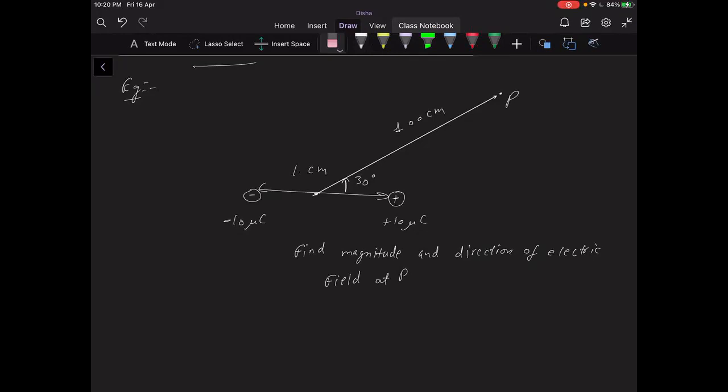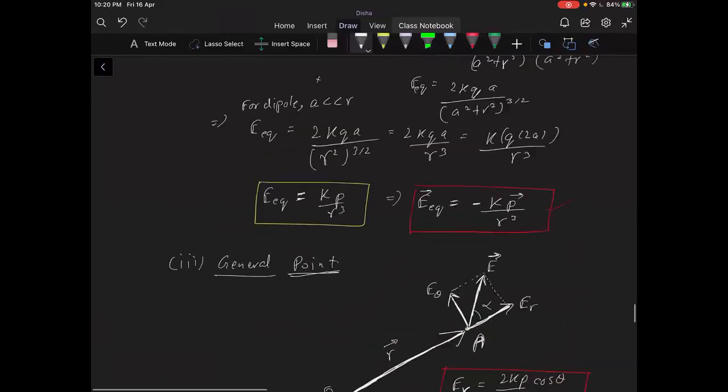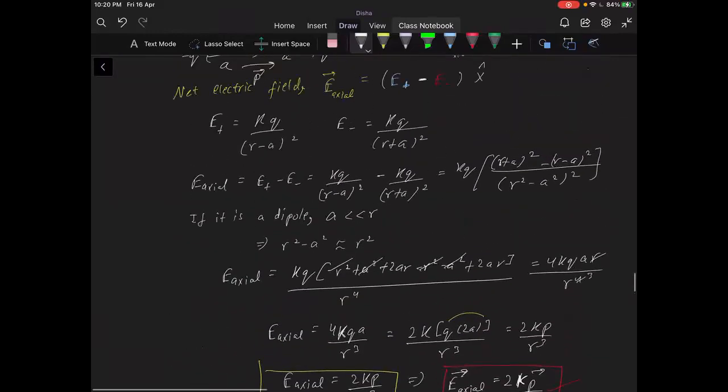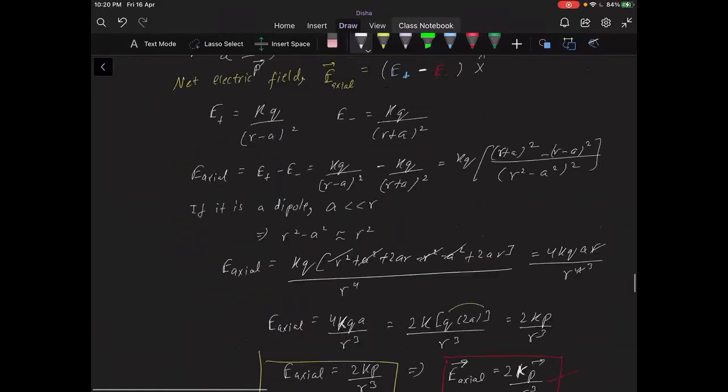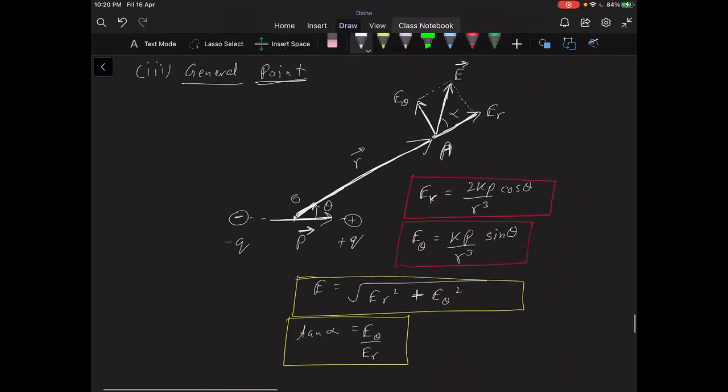Let me just make it. Yeah. So for this, you might need this theory. So I would like you to take a screenshot or something if needed, from this point, this one.